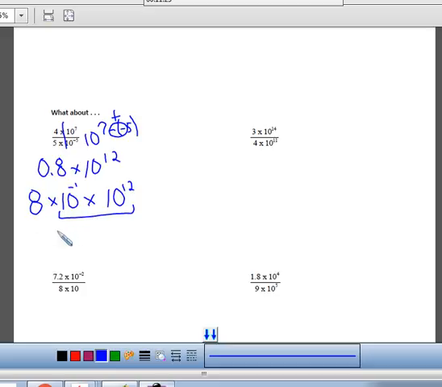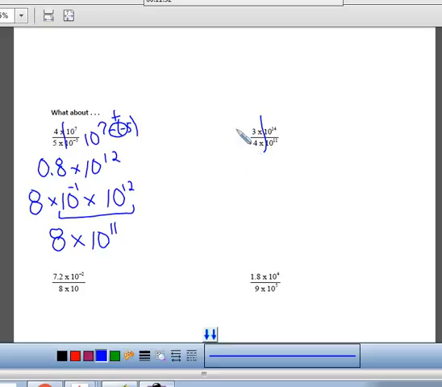So I almost made a mistake there. Now, when I combine these, I get 8 times 10 to the negative 1 plus 12 is 11. Some of you might just recognize, because you're moving the decimal this way, you're going to take 1 away from there.